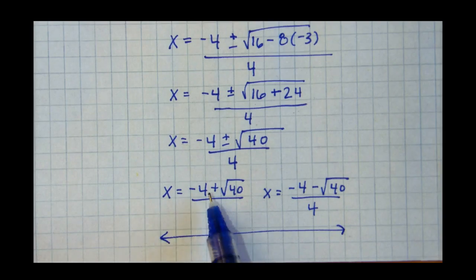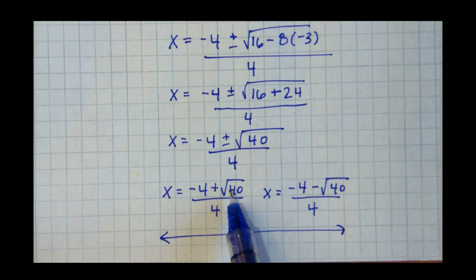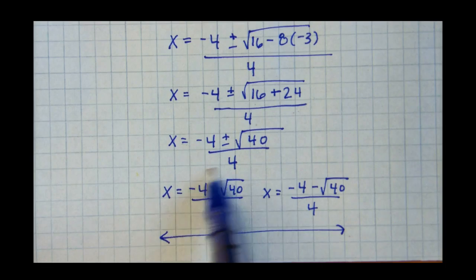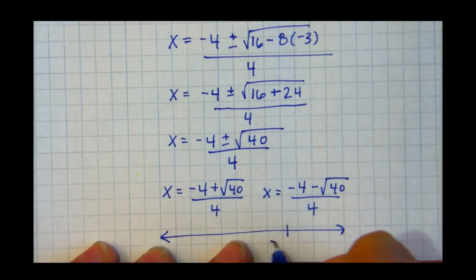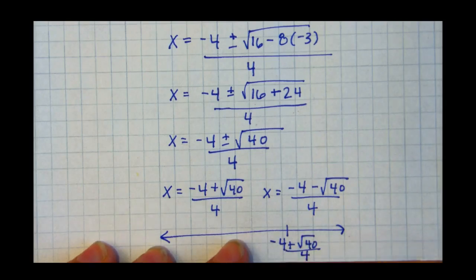Okay, when I've got an option between these two, so I've got a negative number plus some number, I don't know if this is going to be positive, but I do know that this is getting me further away from 0. It's getting me more towards the positive. So this root is going to be my more positive root, -4 plus root 40 over 4.